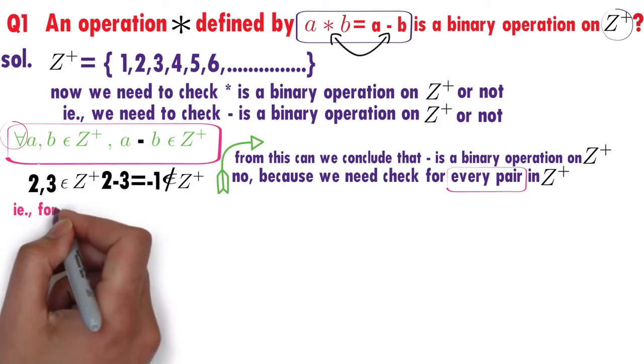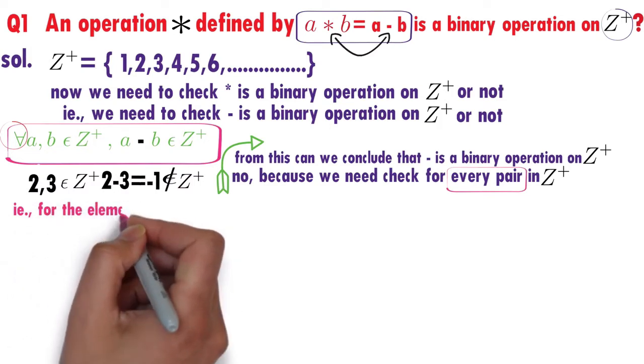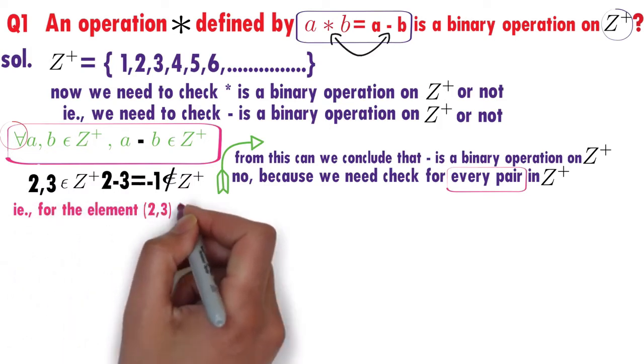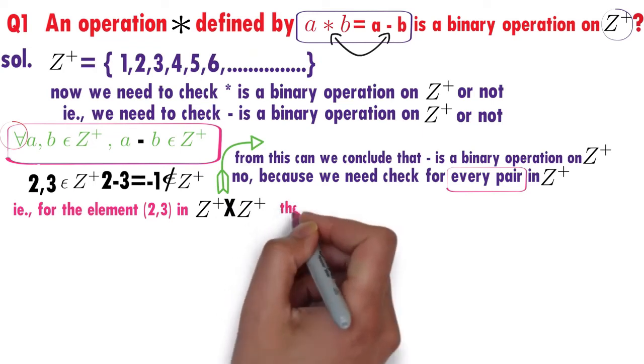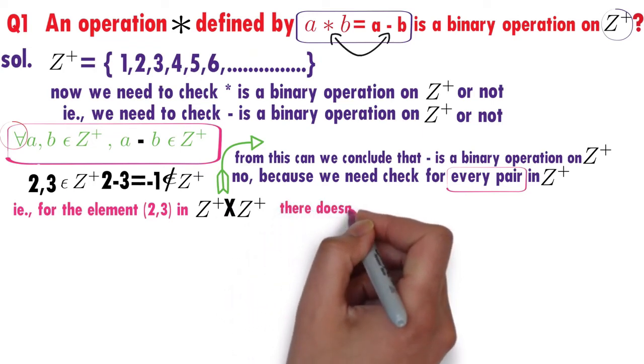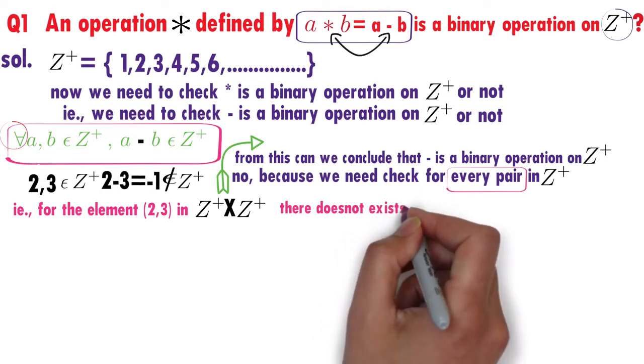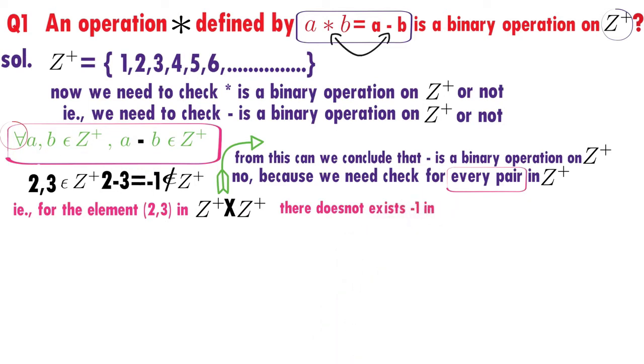So what can we say? For the element 2 comma 3 in Z plus cross Z plus, there does not exist minus 1 in Z plus.